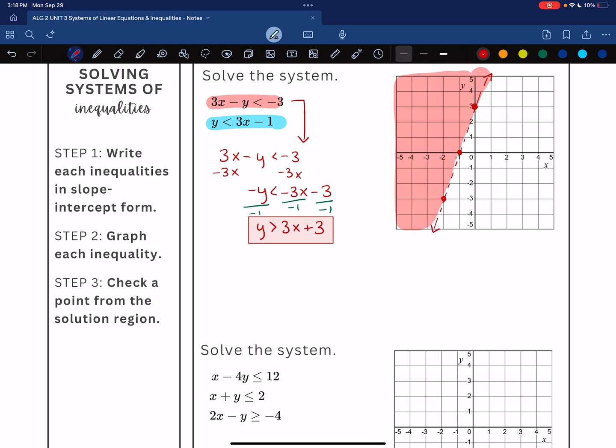Now, our blue inequality. We're going to begin at what value, y'all? At -1. And then move according to our slope. That's up 3 over 1. This is once again a dashed line because it's strictly less than. So we'll make our dashed line.